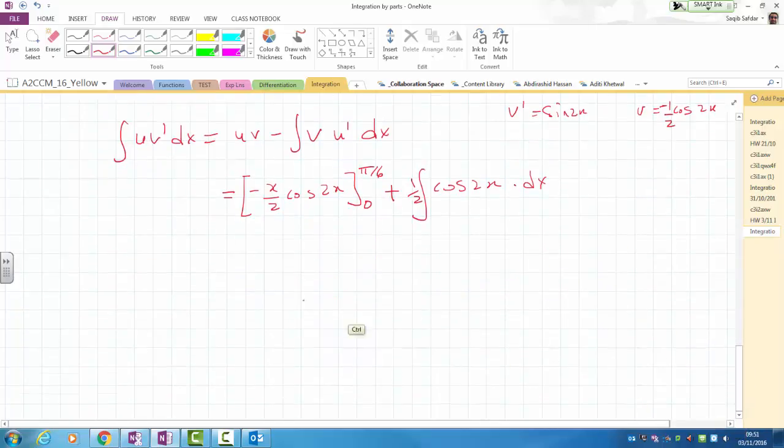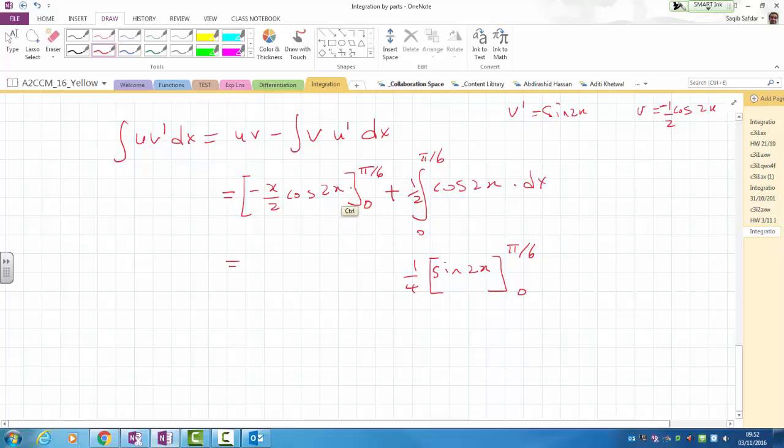If we were to tidy that up, the integral of cos 2x will give us sine 2x over 4. So sine 2x divided by 2, so you get a quarter there. And don't forget the limits: pi over 6 and 0.